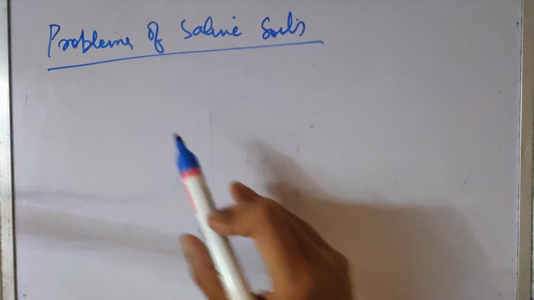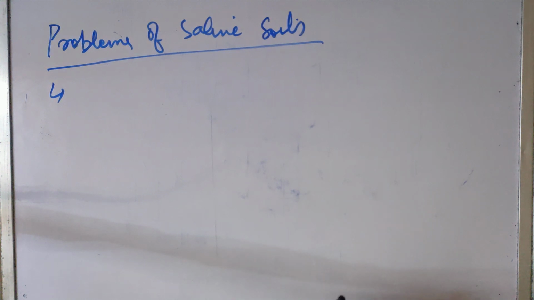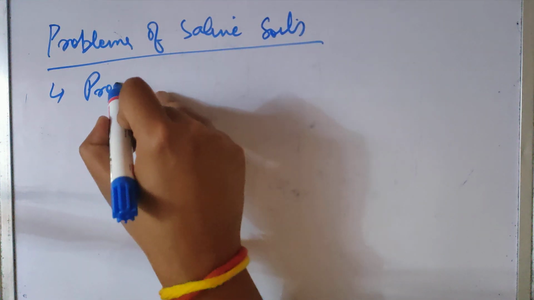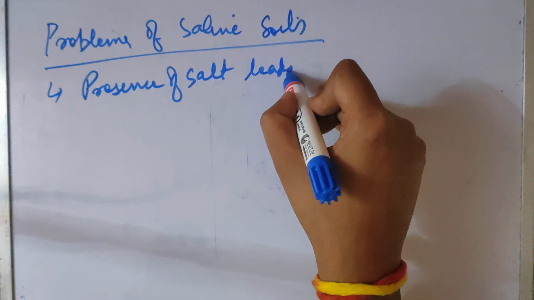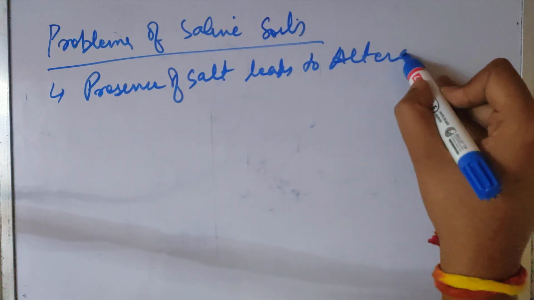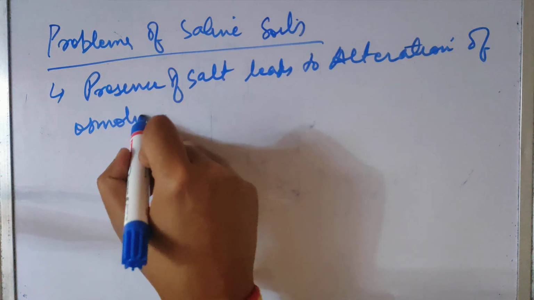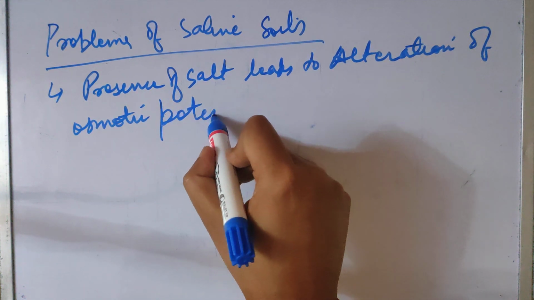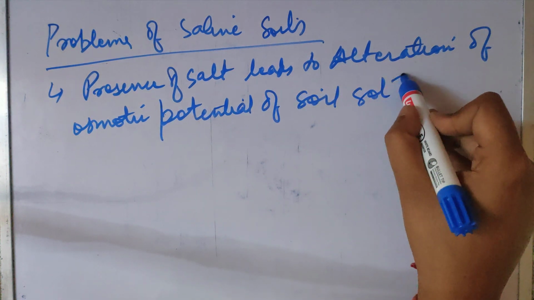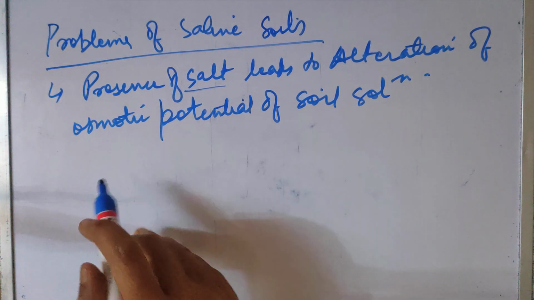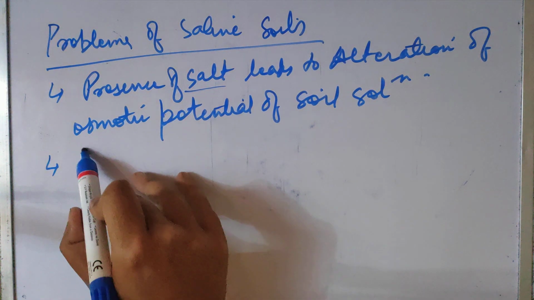The first problem is presence of salts leads to alteration of osmotic potential of soil solution. So what do salts do? They alter the osmotic potential. Consequently, water uptake by plants.